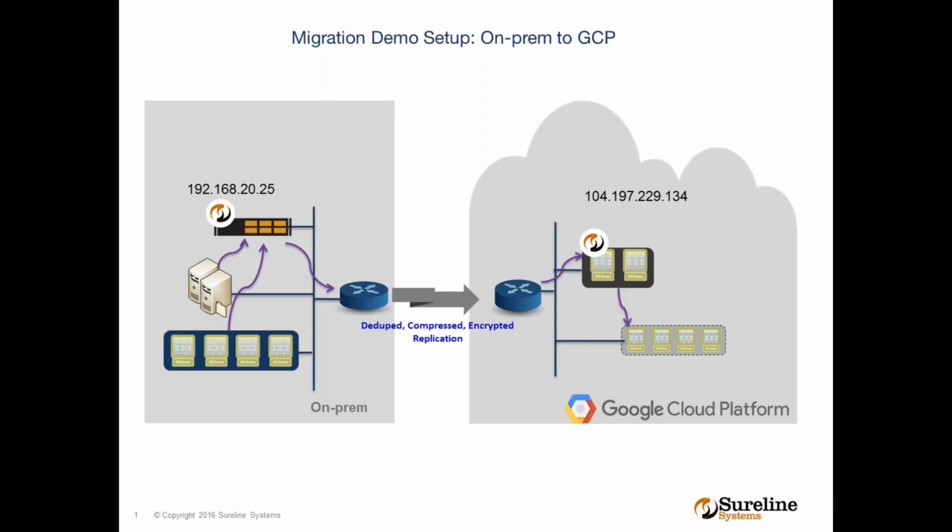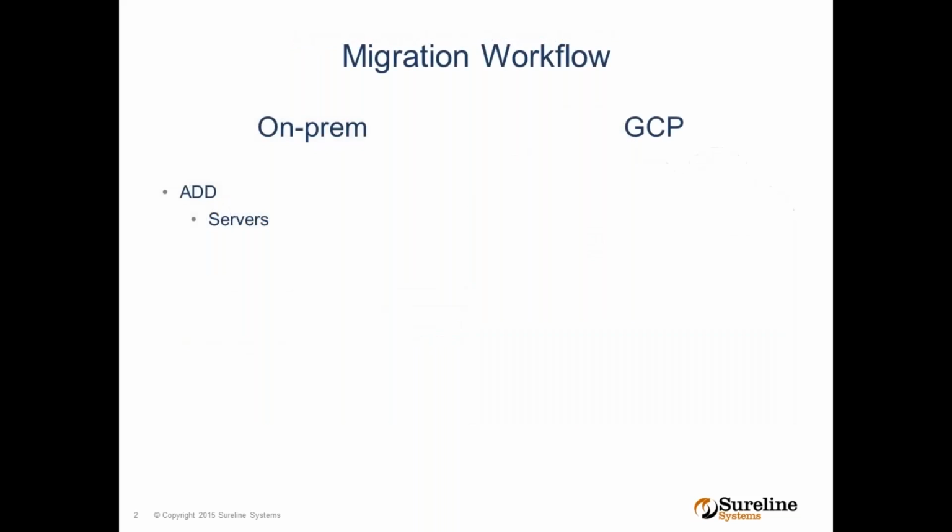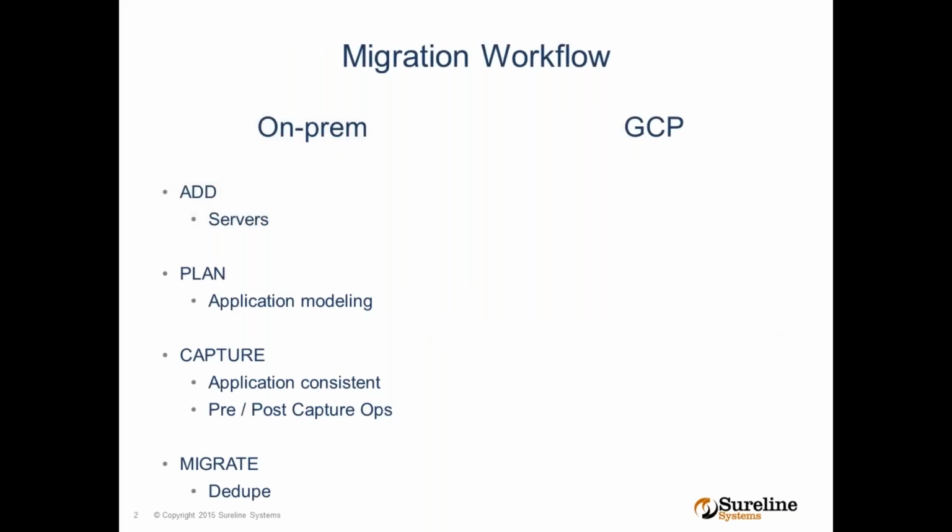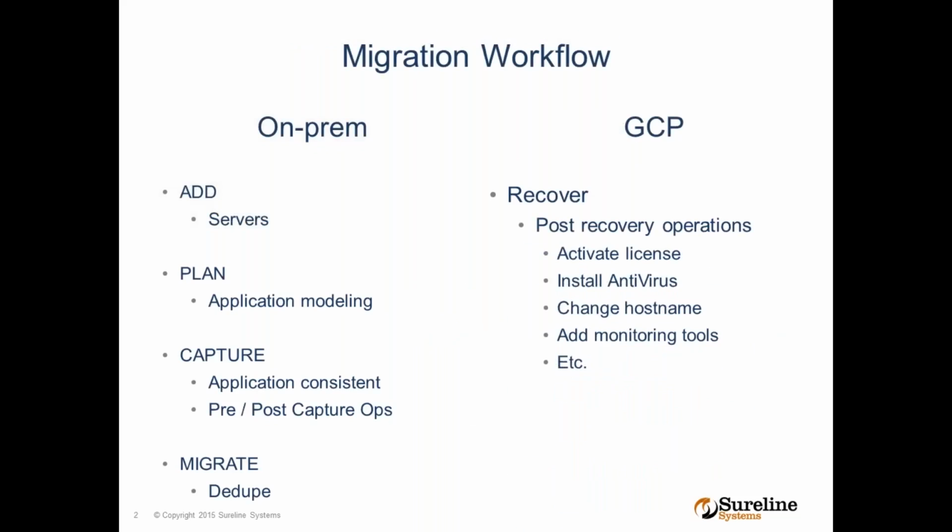On the Google Cloud platform, you would also have one Sure Edge instance running, again in a virtual environment. Obviously, it is in the cloud. And then, based on how you plan your recovery, you can instantiate the migrated servers into the cloud platform. So this is how the overall workflow would be.